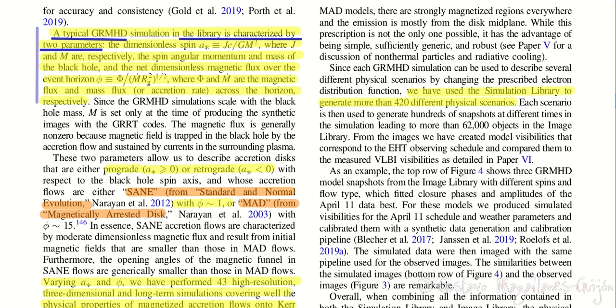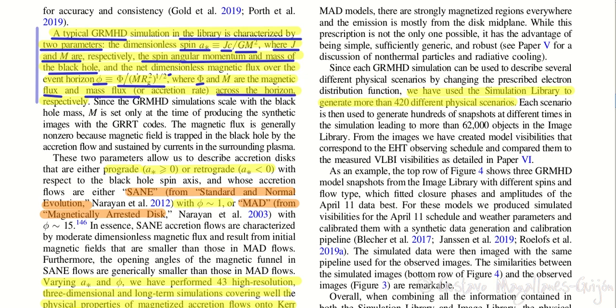The dimensionless spin, it is Jc divided by GM squared, where J and M are the spin, angular momentum, and mass of the black hole. And the magnetic flux over the event horizon, where this letter and M-dot are the magnetic flux and the mass flux or accretion rate across the horizon.